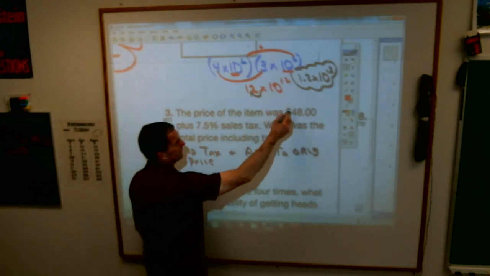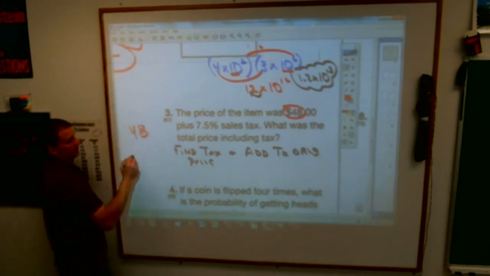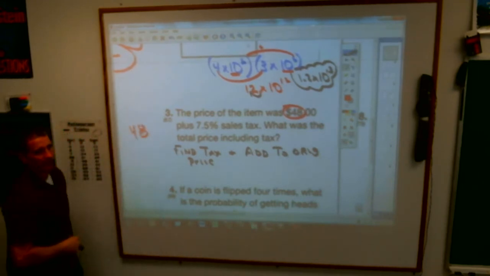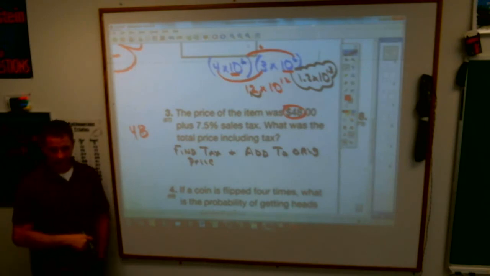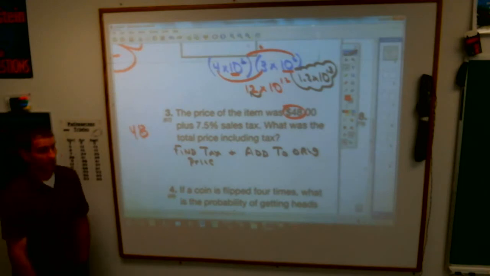You are just going to take $48, you don't really need the decimal at this point, and multiply it by 7.5%. We don't multiply by percentages, we have to change it to decimals or fractions. In this case, I'd make it a decimal, Elijah, which is what? No, that's what percent it is.